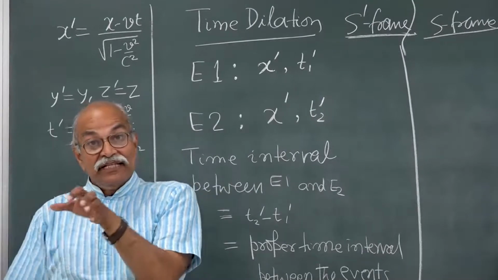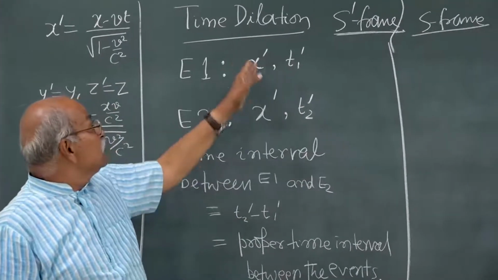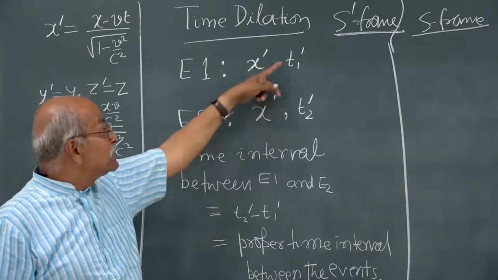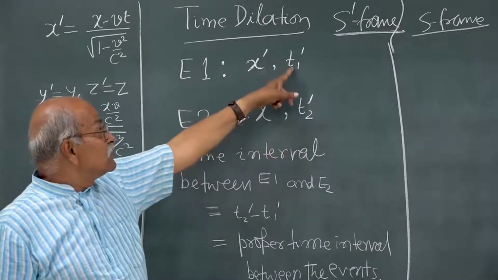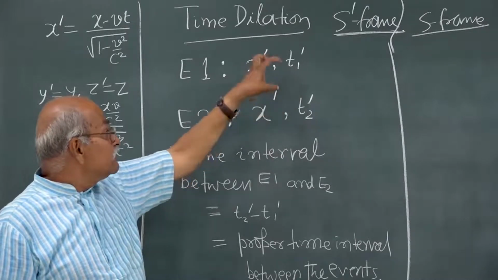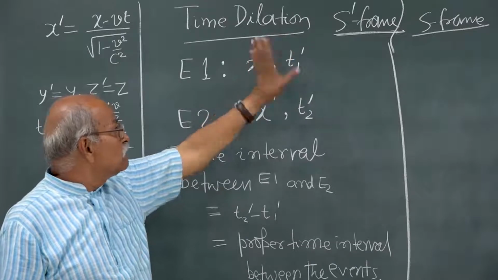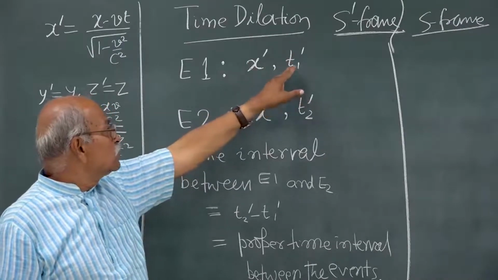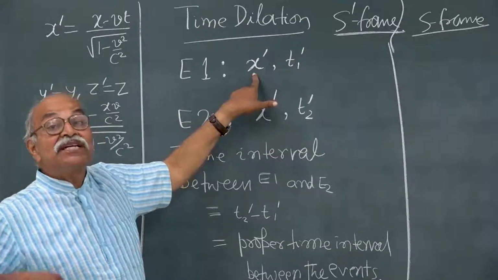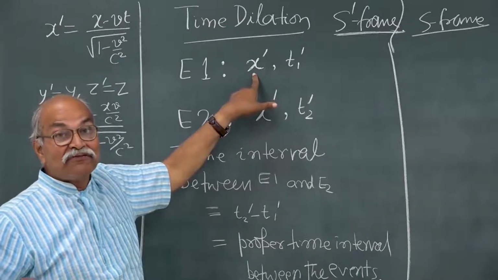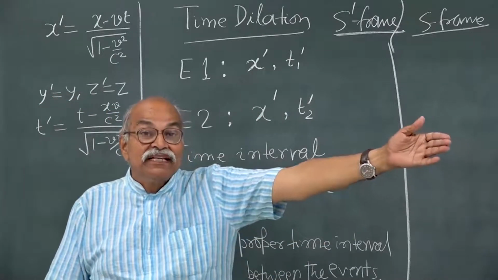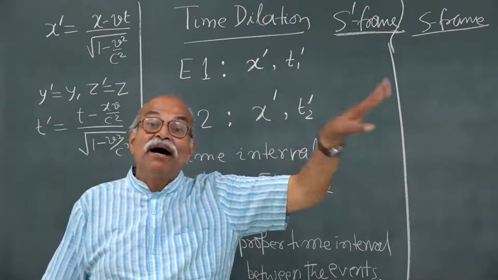So, if in S prime frame these two events have taken place at the same x prime but at different times, then when the first event E1 takes place, suppose the bulb is put on, and then after some time the bulb is put off, but in this time the bulb has already moved, and therefore the second event is at some other position.